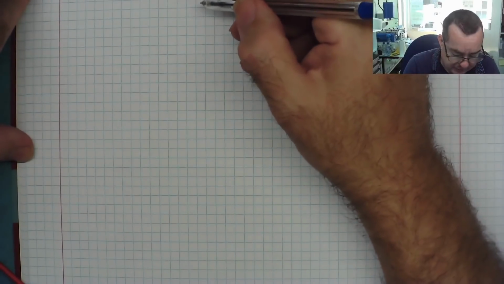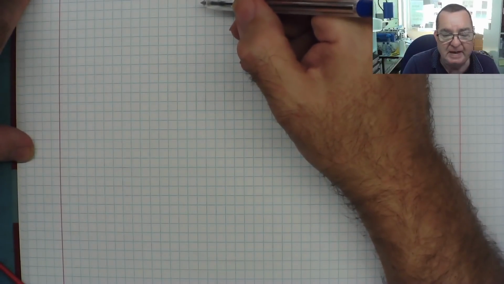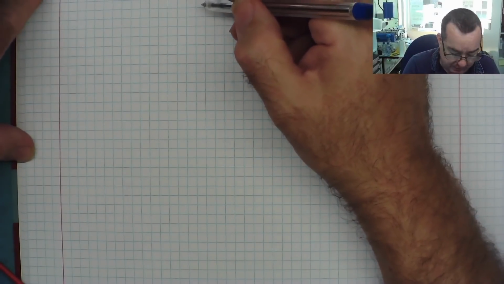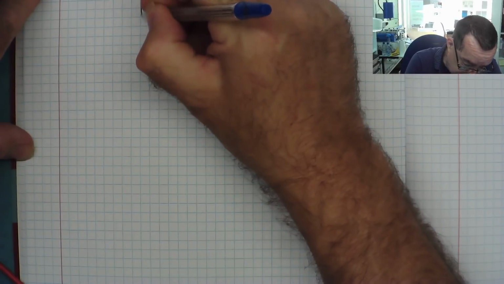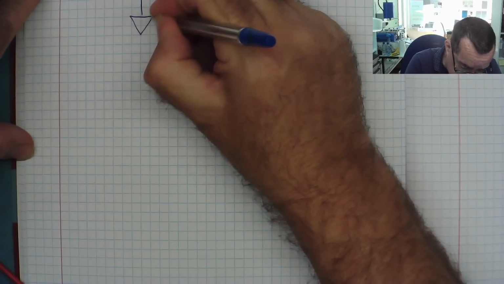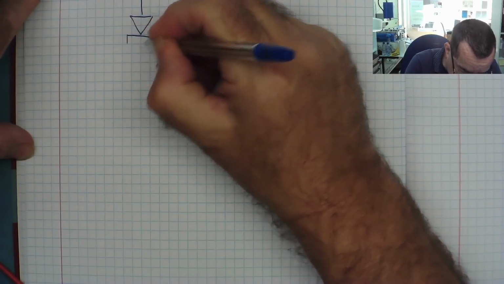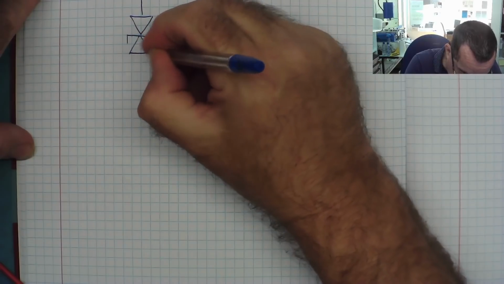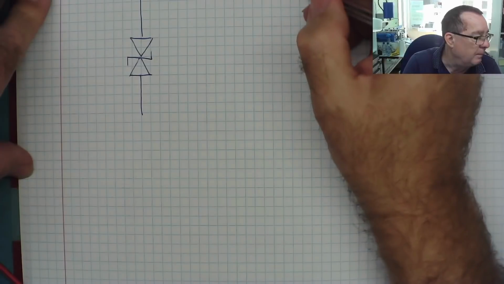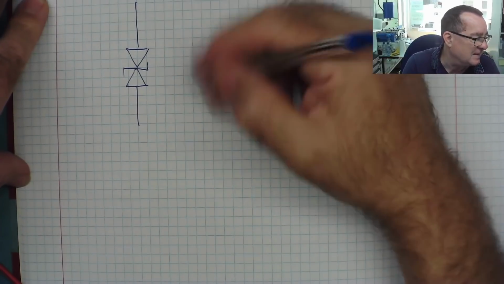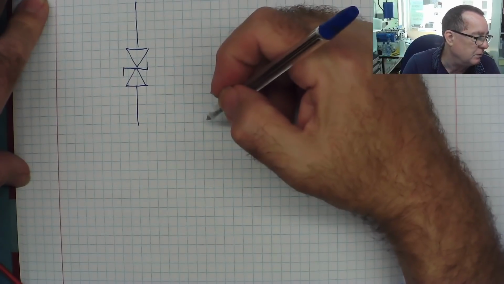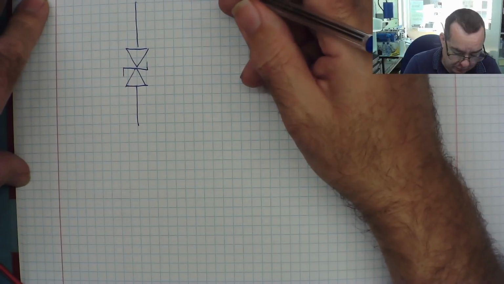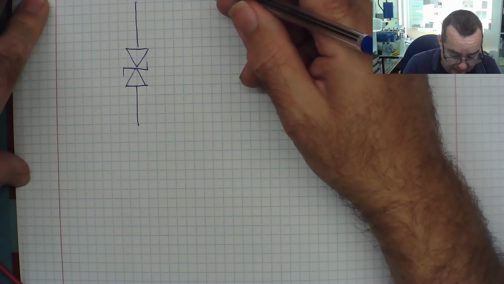Finally, I'll just mention about TVS, or Transient Voltage Suppression Diodes. The symbol looks like this. And basically, it's like a Zener diode, but in both directions, so it doesn't normally conduct in one direction.